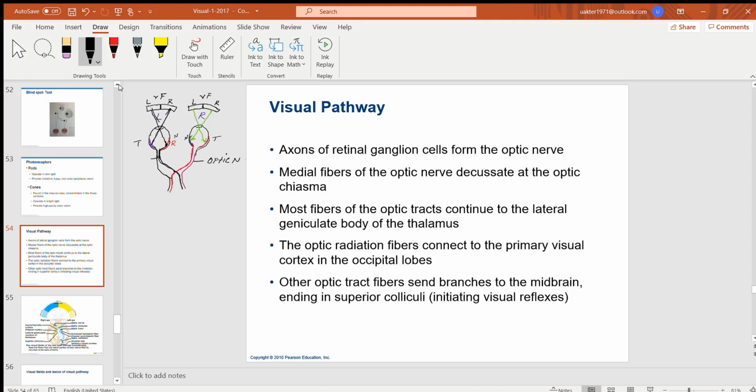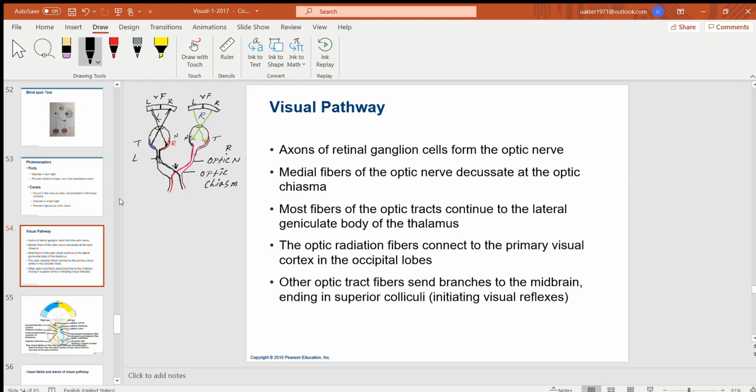This is the right, this is the left, right? And this part where the crossover takes place, this part is called the chiasma here, or chiasm. So we can say optic chiasma or chiasm.